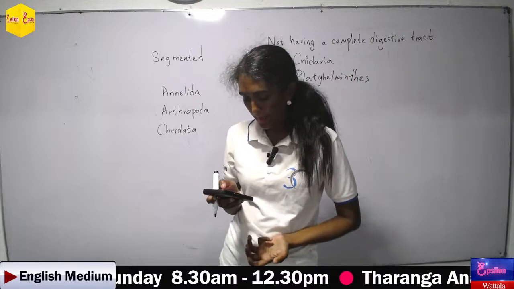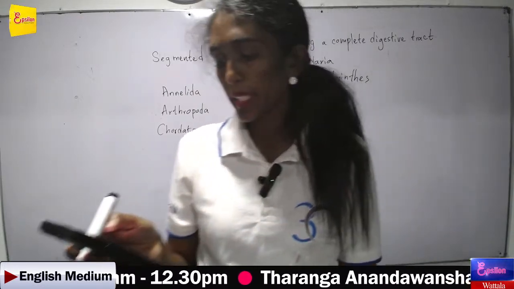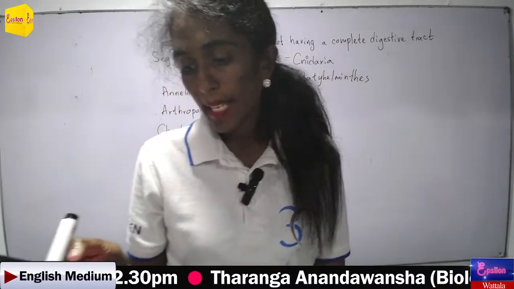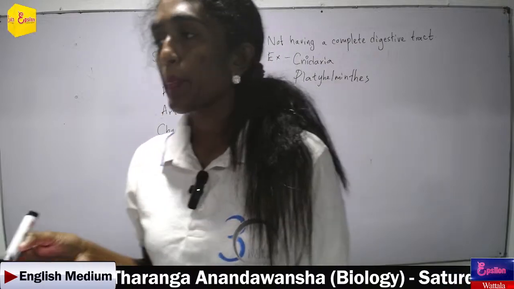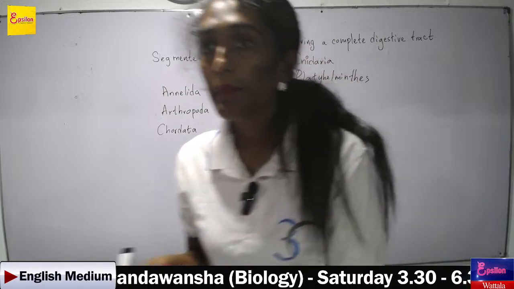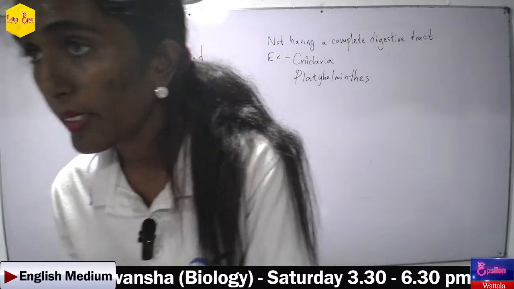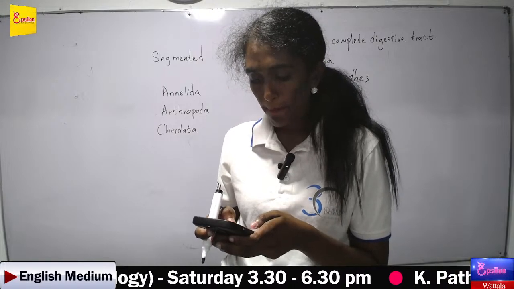It says triploblastic with all three germ layers: ectoderm, mesoderm and endoderm. Signs of cephalization present but not distinct. That means eye spots are present at the anterior side. Complete digestive tract.